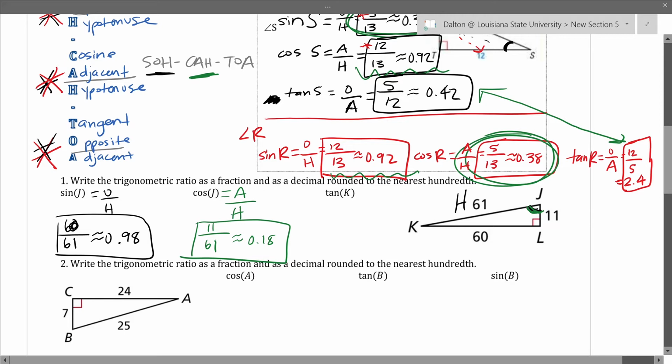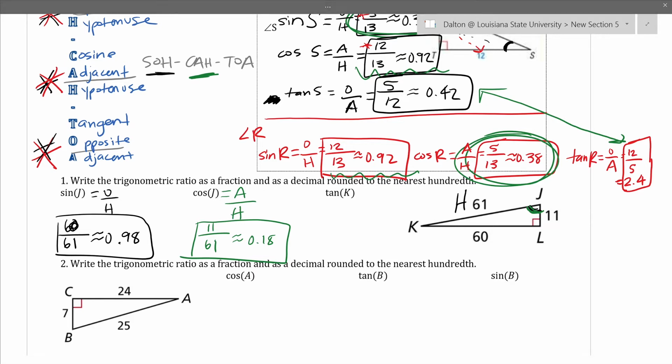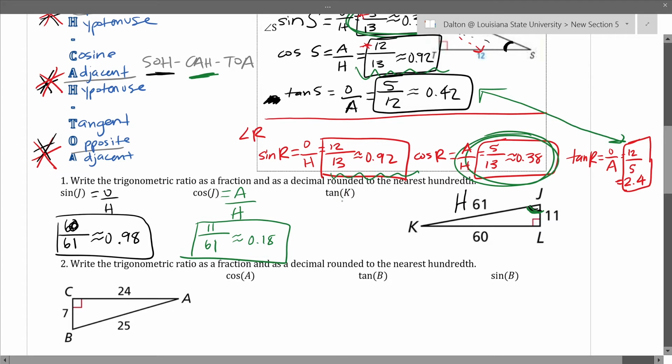And then the tangent of K. Look at the difference here. I changed up the letter on you. So now my reference angle is different. This time, our vantage point is from angle K. So imagine you're standing at angle K looking at the rest of your triangle. Tangent is still found by doing opposite over adjacent, but our opposite and our adjacent sides have flip-flopped from angle J. This time, opposite of angle K is 11, and adjacent to angle K is 60.